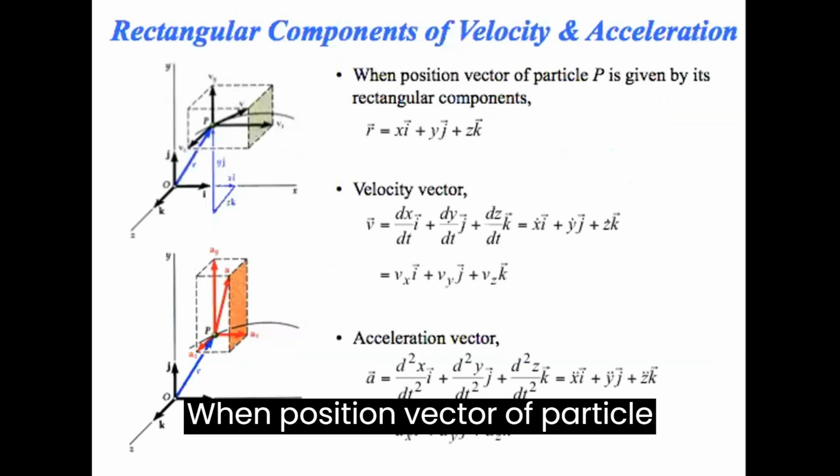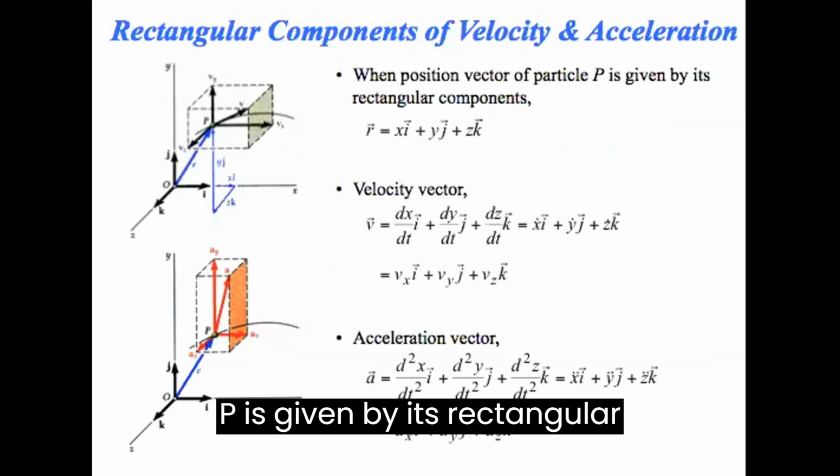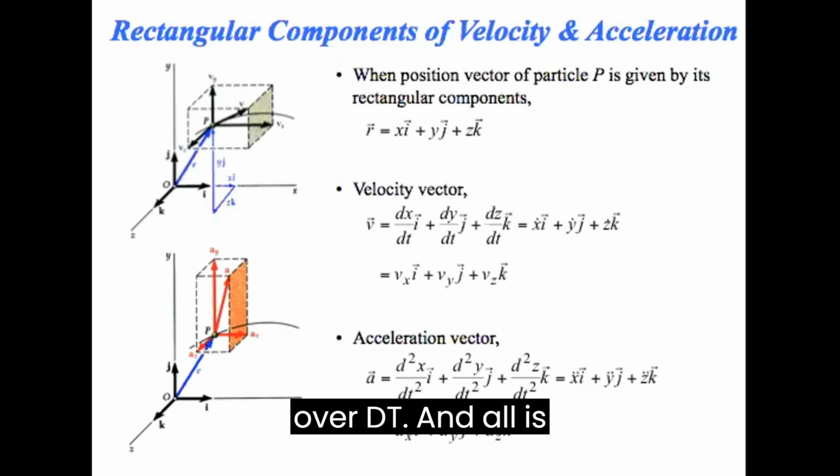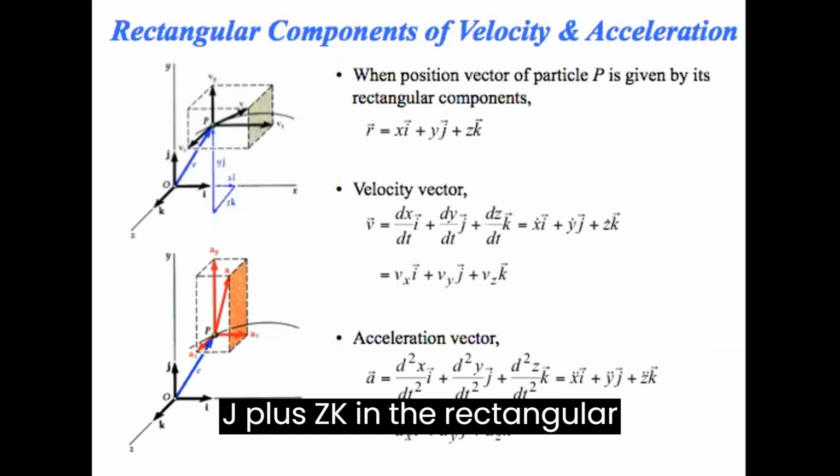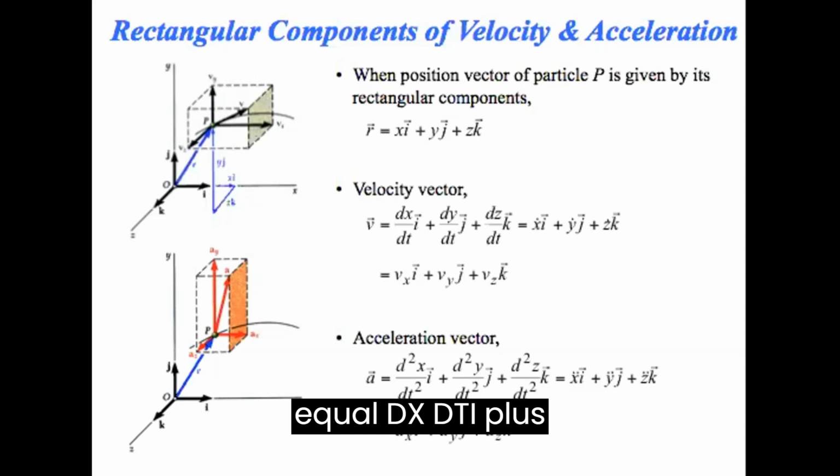When the position vector of particle p is given by its rectangular components, the velocity is dr over dt, and r is equal to xi plus yj plus zk in the rectangular system. So we can write v equals dx/dt i plus dy/dt j plus dz/dt k, or x dot i plus y dot j plus z dot k.